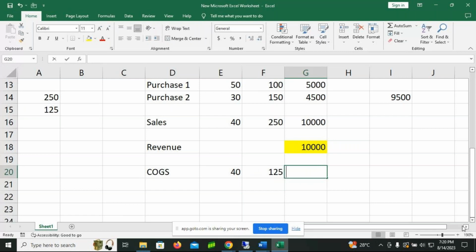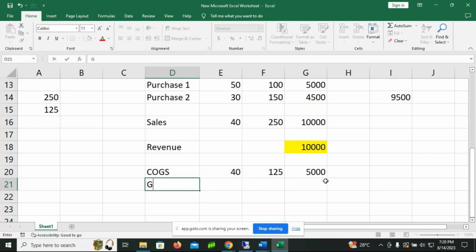So overall the amount that I have spent for COGS is 5,000 rupees. So this is my gross profit. Gross profit will be 5,000 rupees.